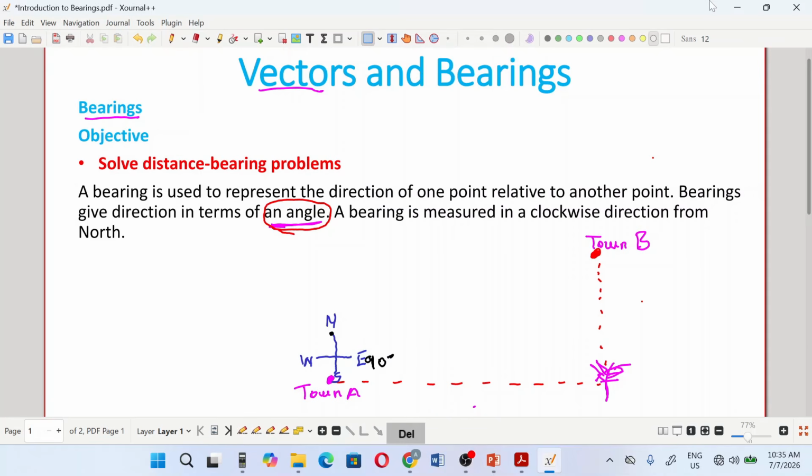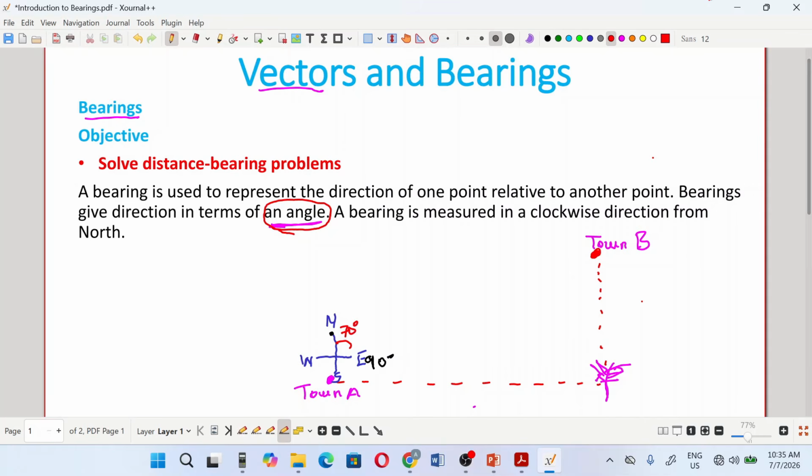If I want to give direction in terms of an angle, then since the angle falls within this quadrant, it should be less than 90 degrees. We assume this angle might be 70 degrees.